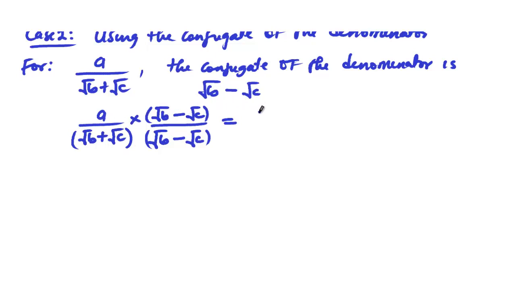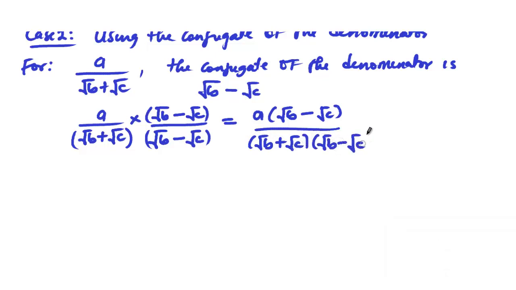So this one will now become a into bracket root b minus root c, over root b plus root c into bracket root b minus root c. At the end of it, this is like the difference of two squares. I've explained that in the previous video, but let's just do the normal thing.